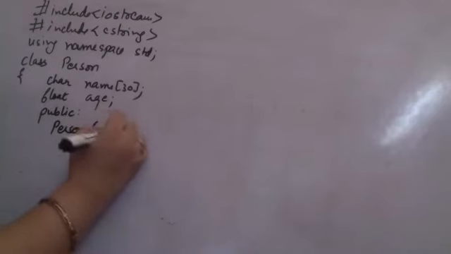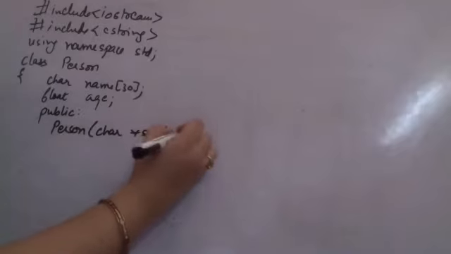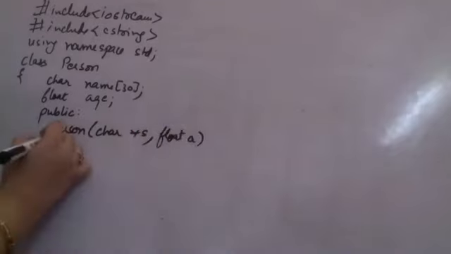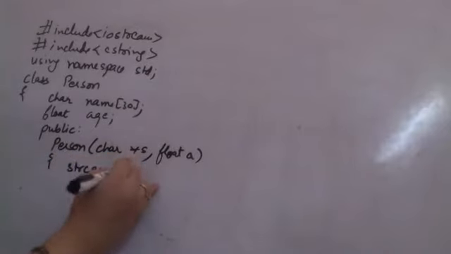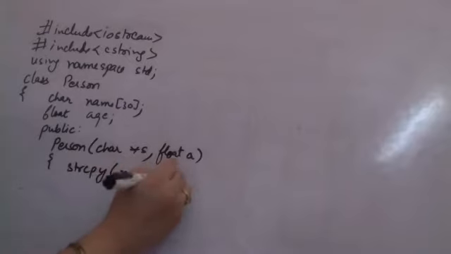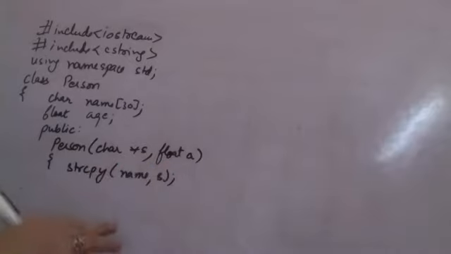If you want to recheck what a parameterized constructor is, it is just a constructor, a function having the same name as the class, with parameters. So this is a parameterized constructor where the name and the age are passed as parameters, and within the constructor I am simply going to equate the values of the passed parameters to my class's member variables.